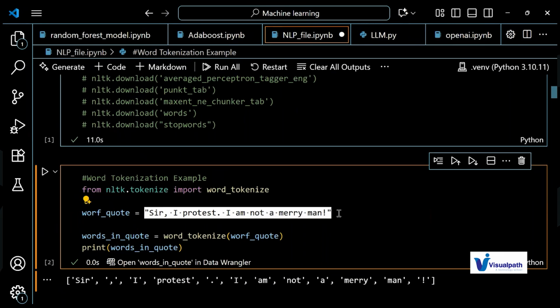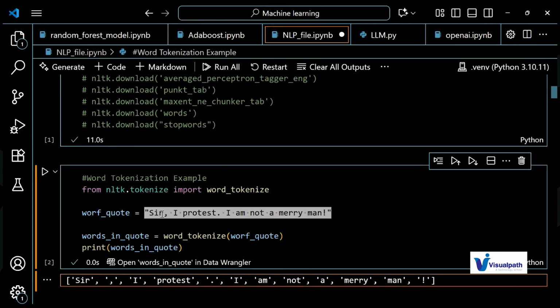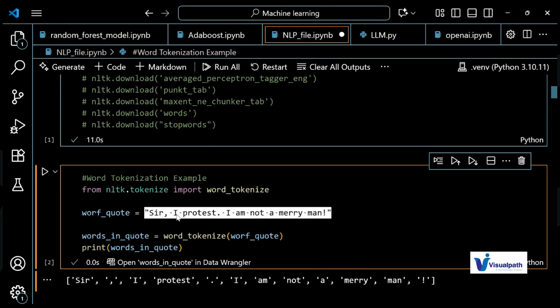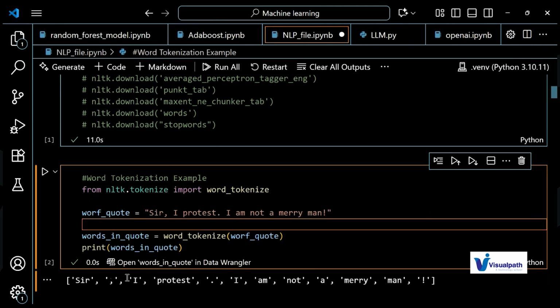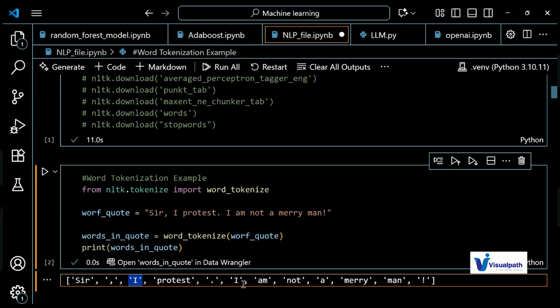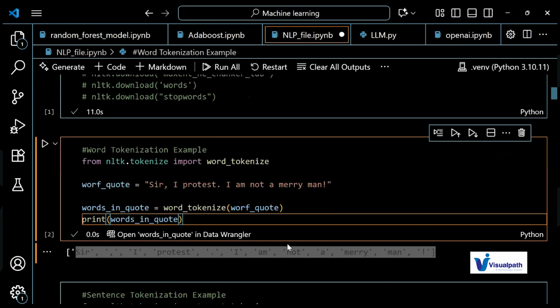I'm not a merry man." The output is sir, and the comma after sir is also taken as a token. Then I, protest, the dot, I, am, not. Till the end, you can see each and every word of the sentence is split into tokens. This is called word tokenization.